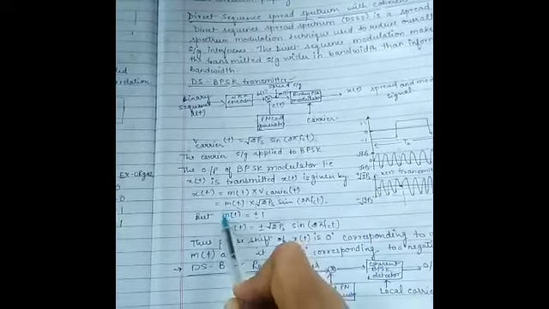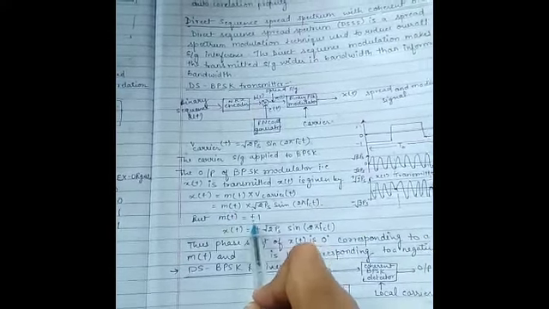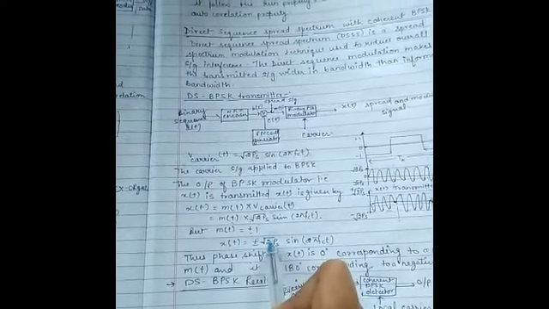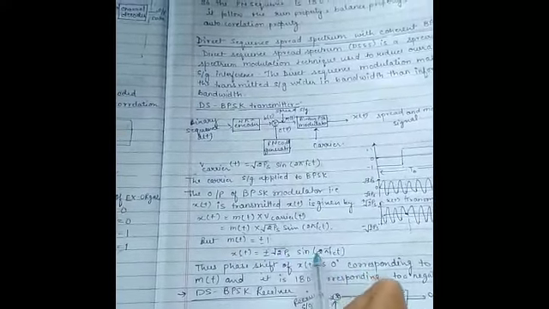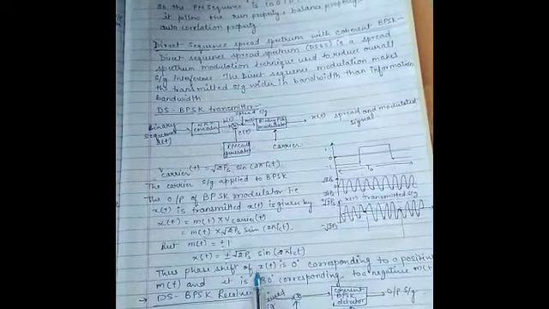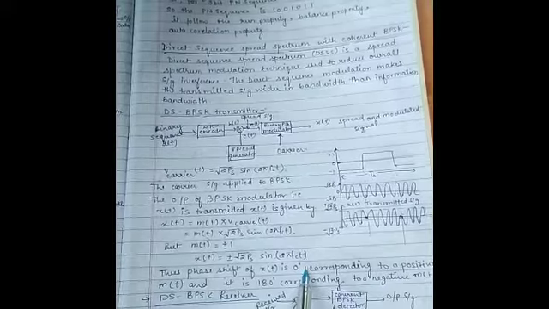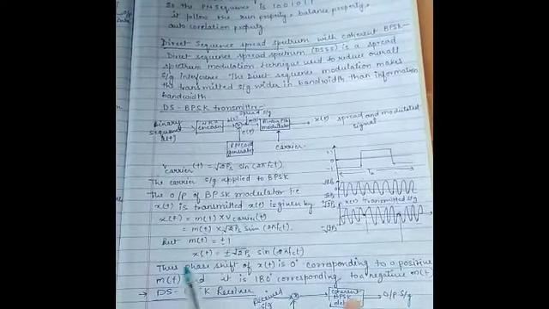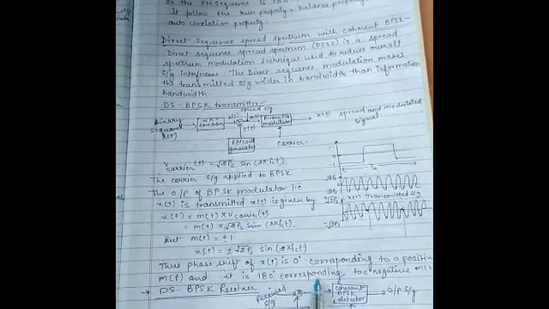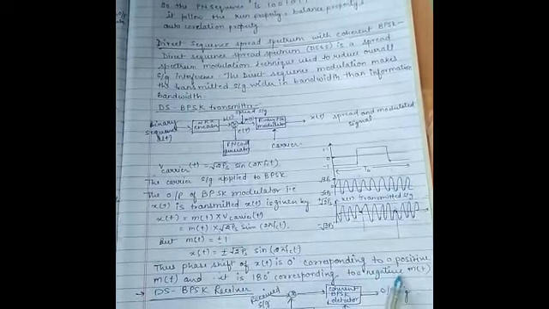So if m(t) is equal to plus or minus 1, then x(t) is equal to plus or minus root 2 Ps sine 2 pi fc t. The phase shift of x(t) is 0 degrees corresponding to a positive m(t), and it is 180 degrees corresponding to a negative m(t).